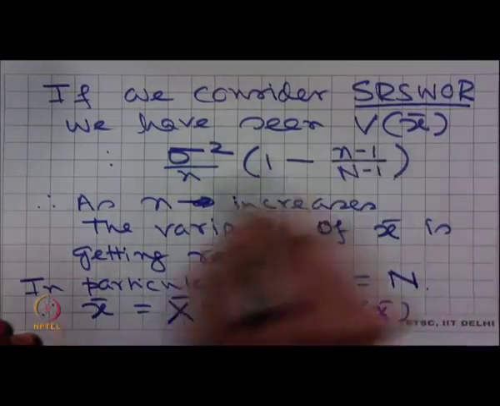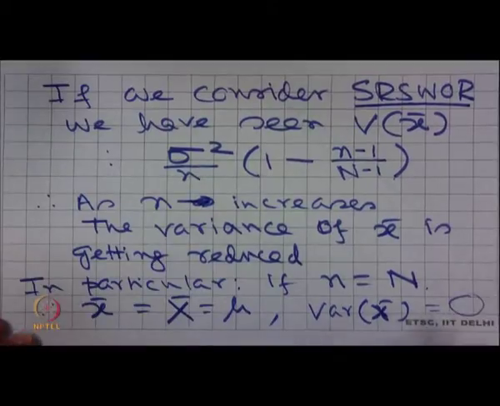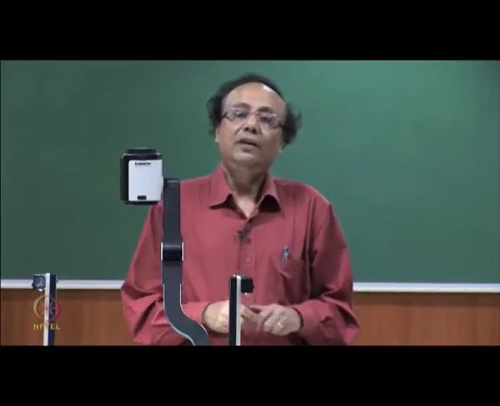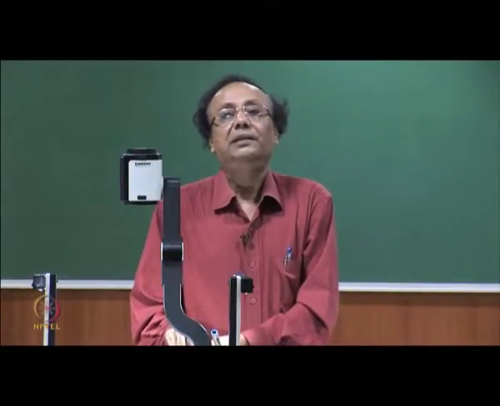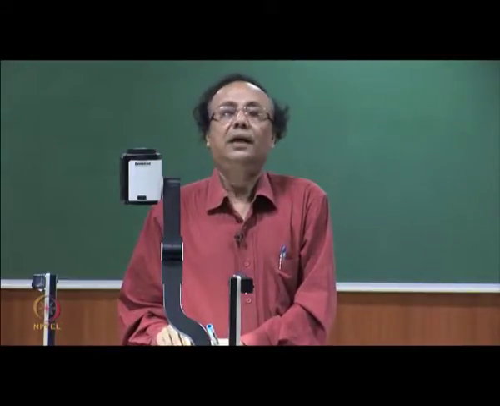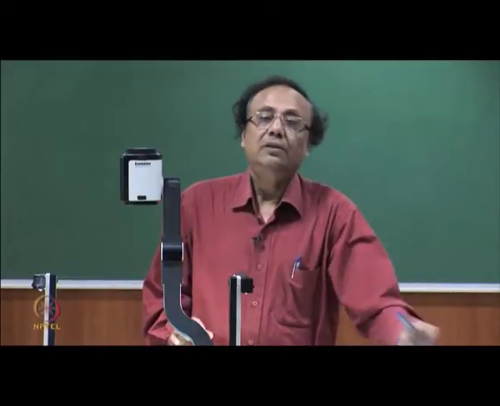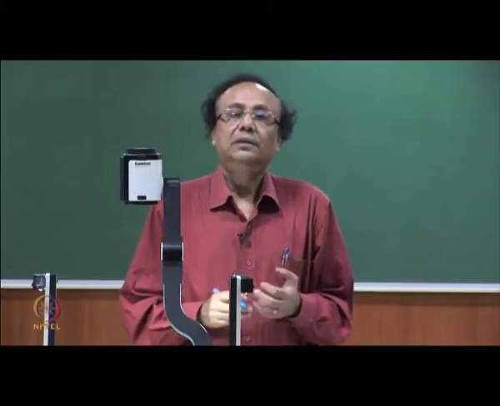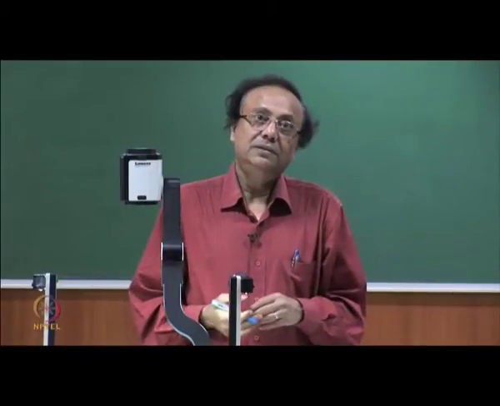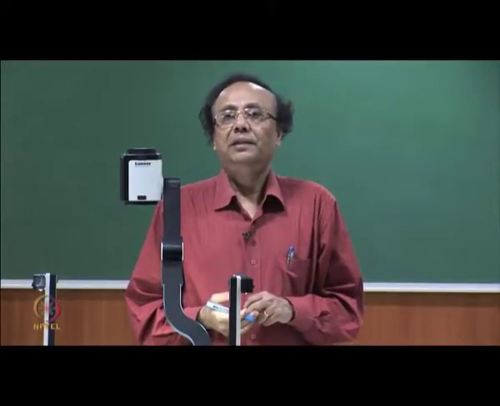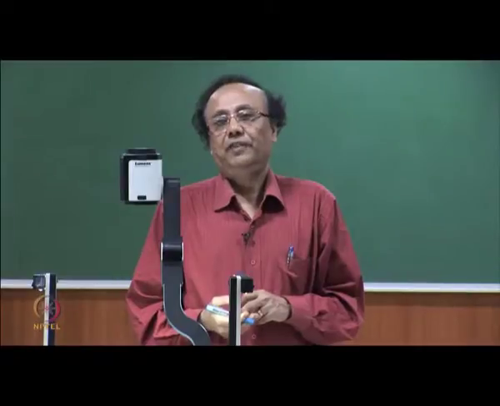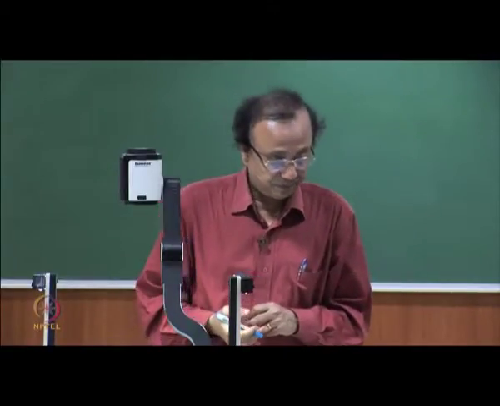So, this part becomes 0, therefore, variance becomes 0, which is understandable, because if I consider the entire population and take its mean, then it has to be same as the population mean. Therefore, there is no deviation from the population mean, and therefore, variance is going to be 0. That is, there is no dispersion, and we get the sample mean equal to population mean, and therefore, variance of sample mean is 0.